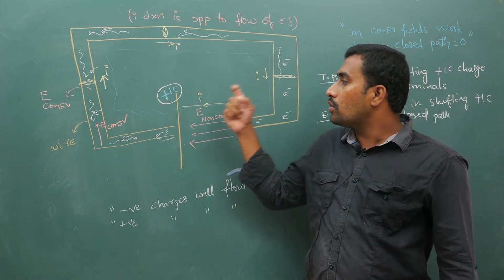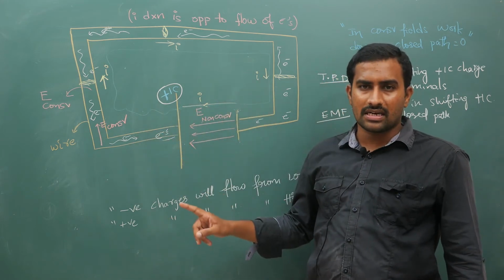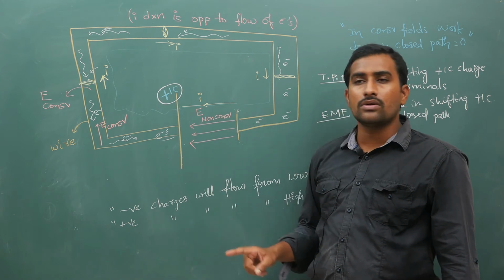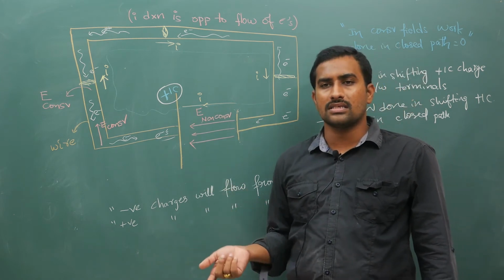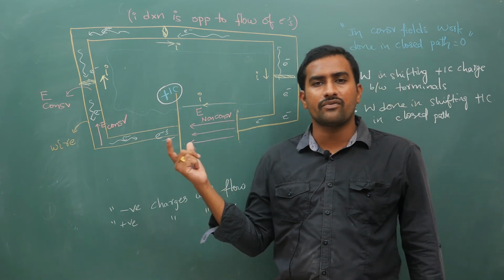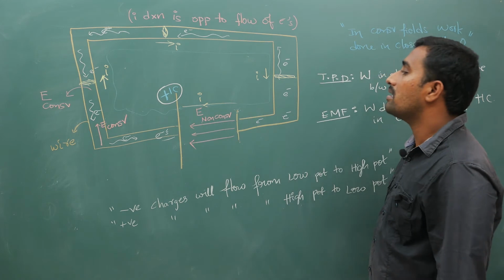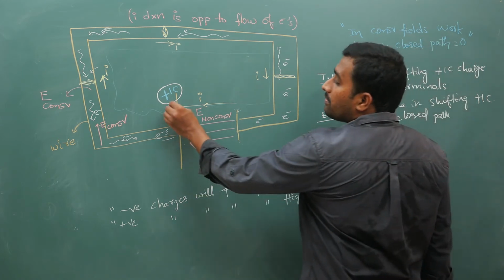So you do work outside against the conservative electric field, and inside you once again do some work because of the non-conservative electric field. These two together give a net work, and that net work is your EMF. So what is EMF?